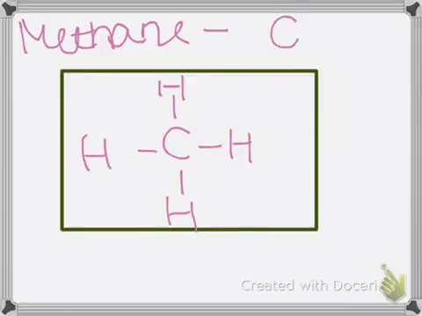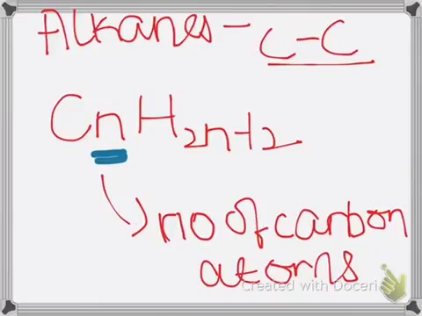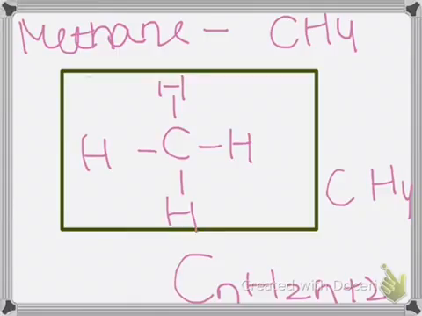Its formula is CH4. It has one carbon atom, so if you want to apply the general formula, there's one carbon atom, so CH4, because n is 1 and there's a plus 2. If you solve it, you get something like this.